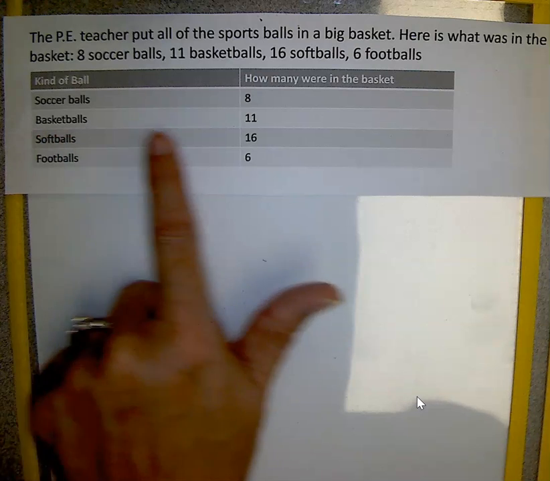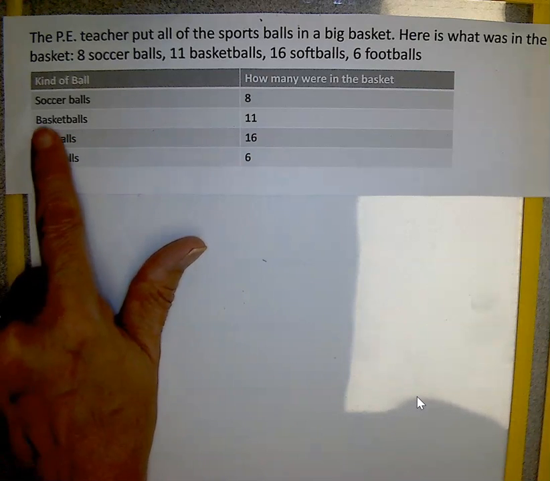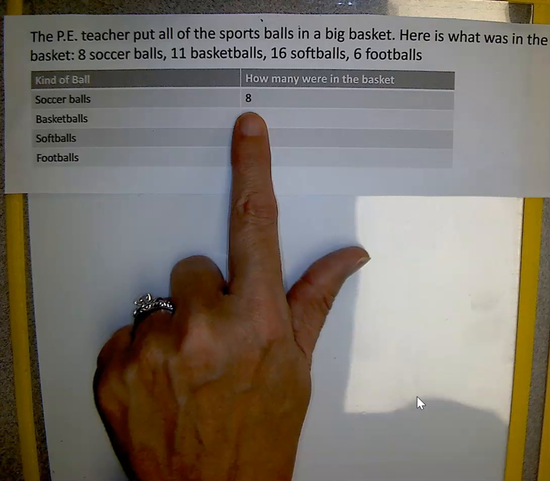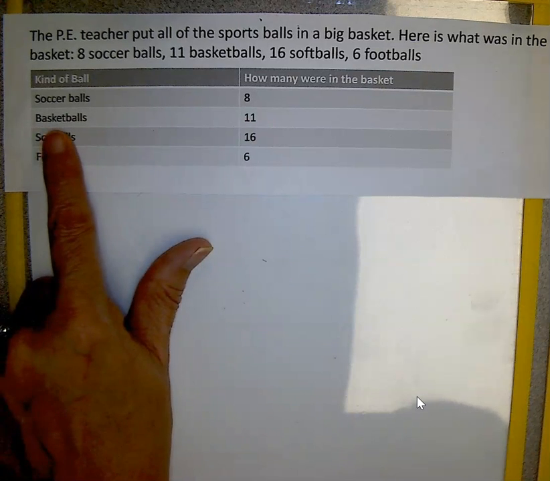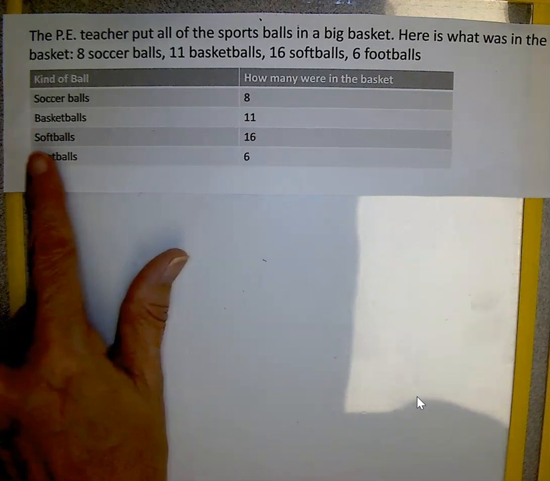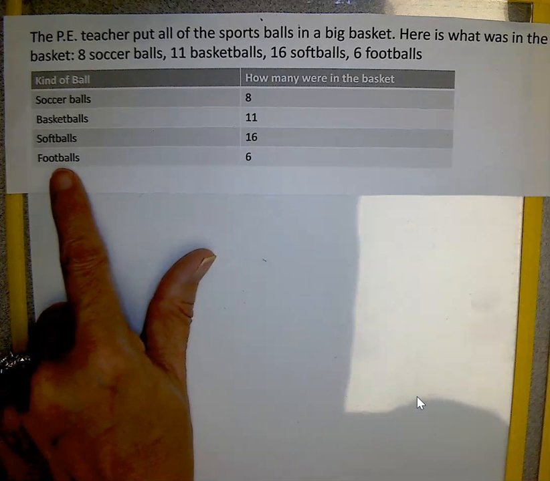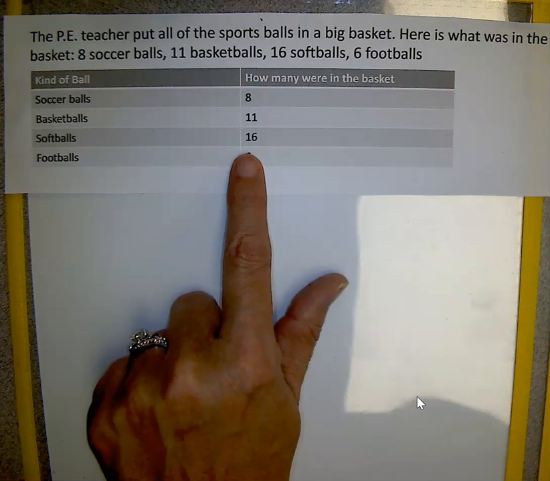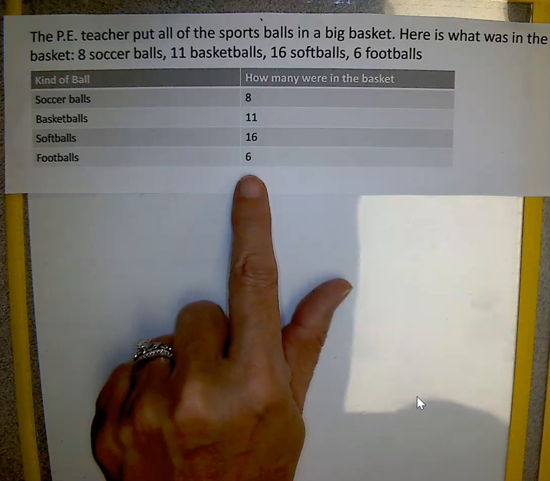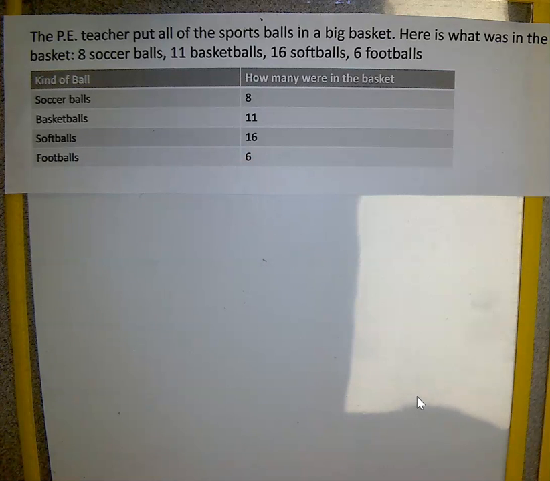So if we notice here on our chart, it tells us soccer balls, 8; basketballs, 11; softballs, 16; footballs, 6. So we can use this chart to help us solve problems.